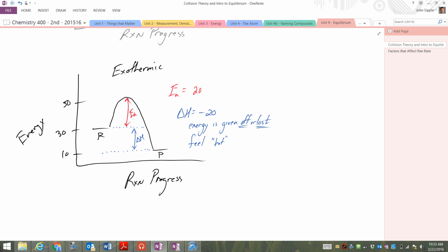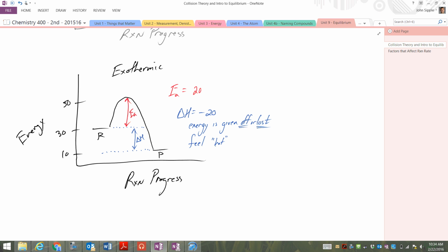So what's a good example of a reaction that's exothermic? Fire. Yeah, fire, right? Okay, that's a great example of exothermic. All right, a combustion reaction, exothermic. Hot, feels hot, it's giving off heat.